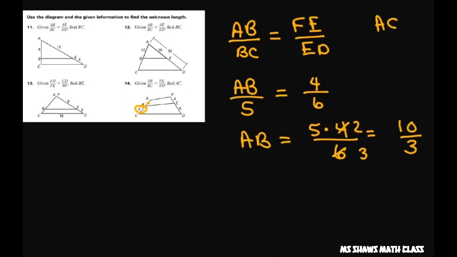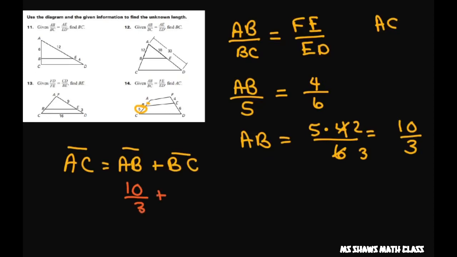And we know AC equals AB. Just put lines here. They didn't, but I'll do it. Plus BC. Okay, so AB is 10 divided by 3. And BC is 5.